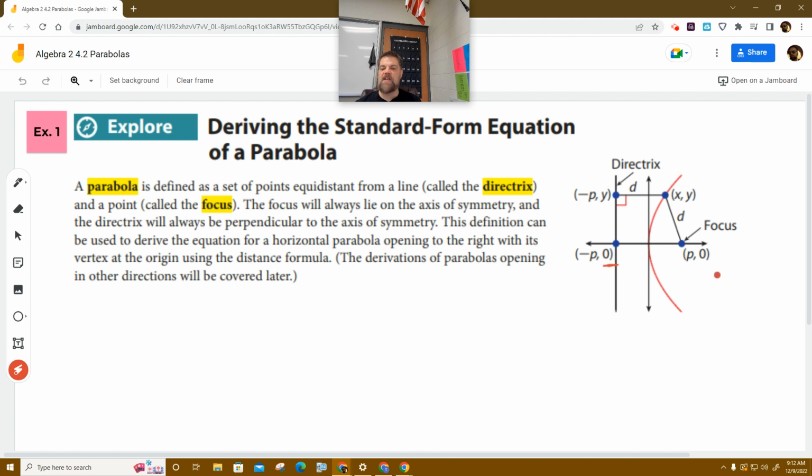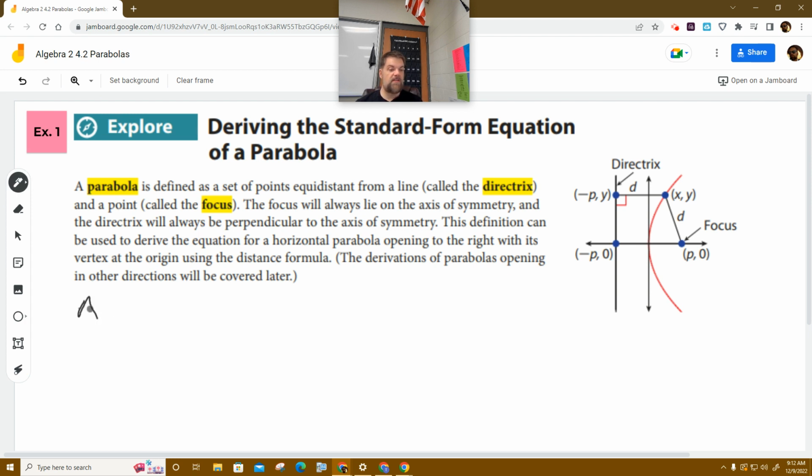Whatever this y value is, you're going to have the same y value over here. The parabola is equidistant from this y value to this y value, and then the x value isn't necessarily the same. So that's how we get that parabolic shape, okay? So, and that's a mathematical relationship. So how do we derive the formula is where I'm going with this.